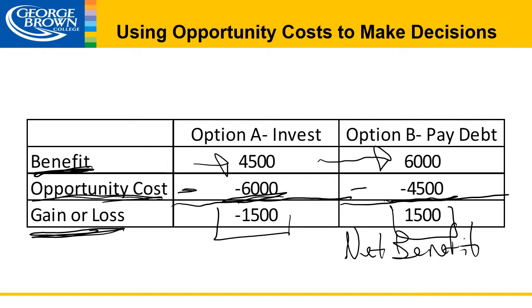Because option B has a positive and higher net benefit, we would pick option B. Again, this was a fairly simple example. The next one gets a little bit more tricky, but again, it shows how we can use opportunity cost to make decisions, even in different contexts.